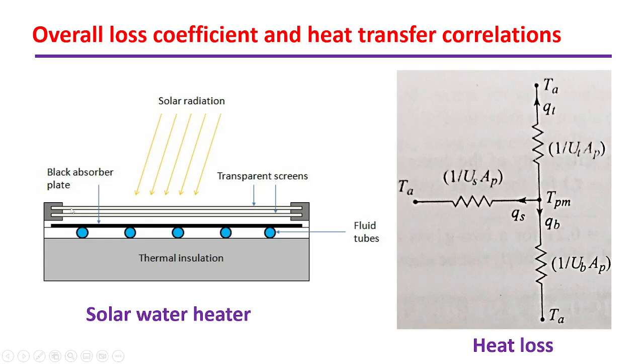At the top there is a glass cover, a glazed material, and the light will fall on this cover. With any body when light or heat passes through it, there will be some losses.